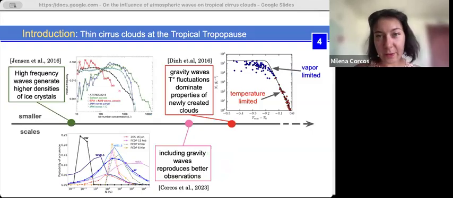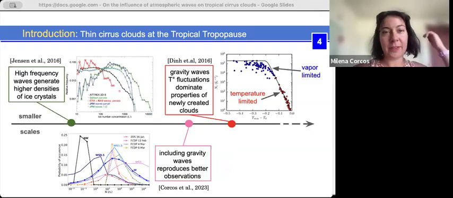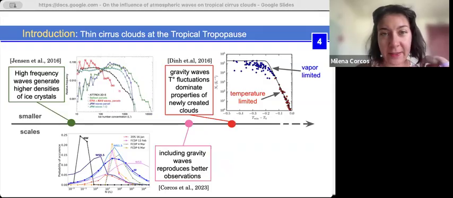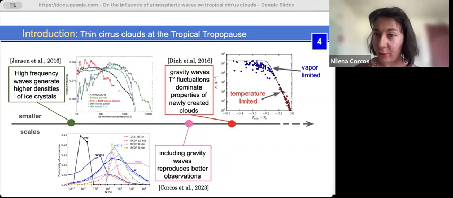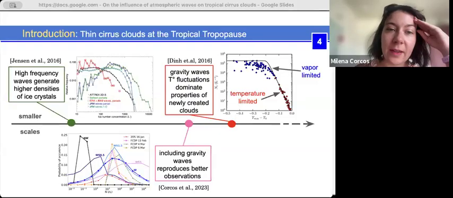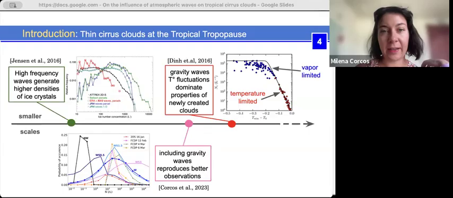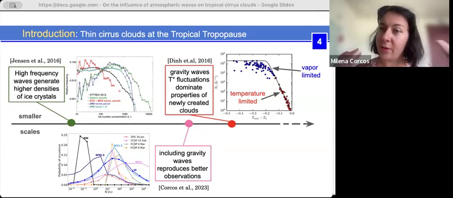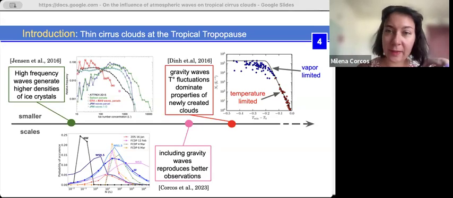And then, so that was at larger scales, and then at smaller scales, several modeling studies have shown that gravity waves affect the microphysical properties of the clouds. For example, Jensen et al. in 2016 showed that high-frequency fluctuations enhance cooling rates and therefore lead to larger ice crystal concentrations.